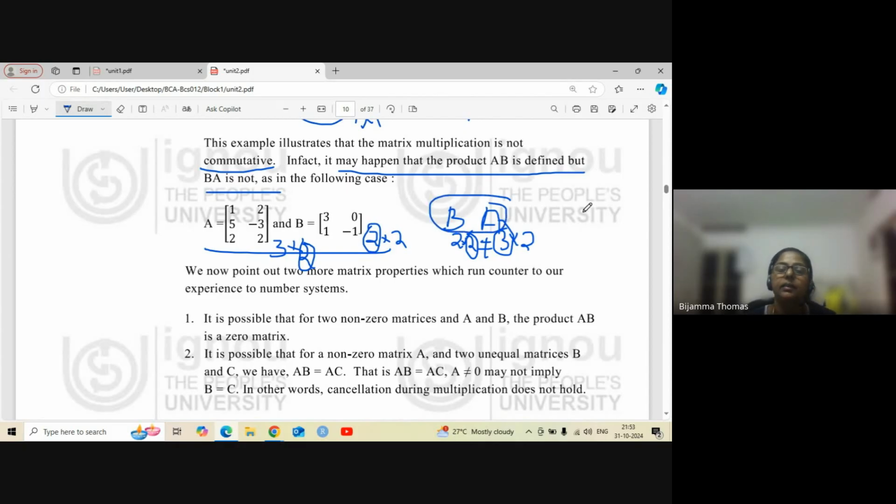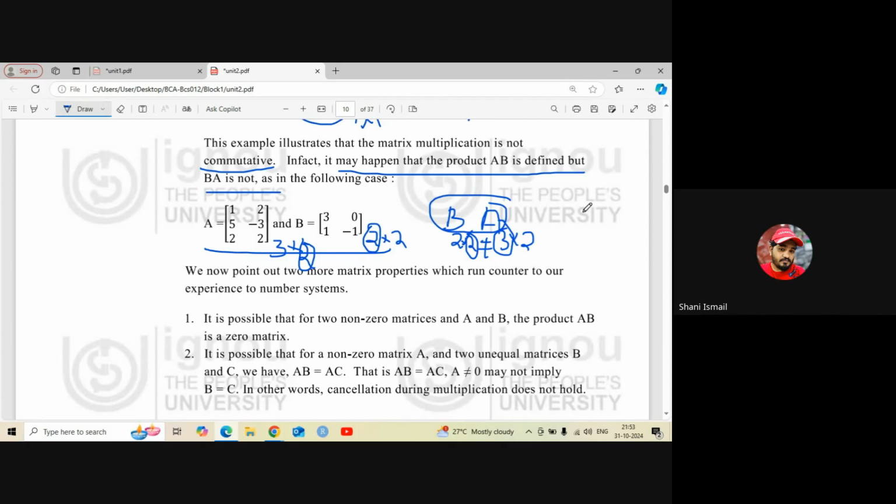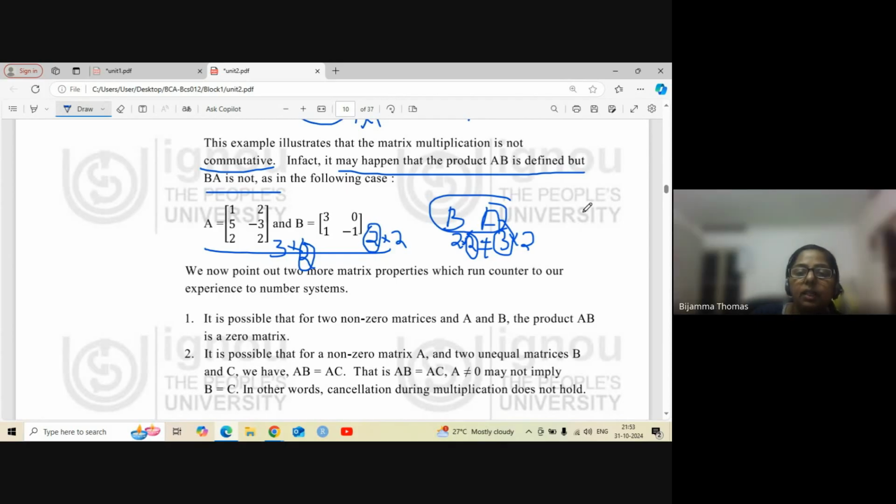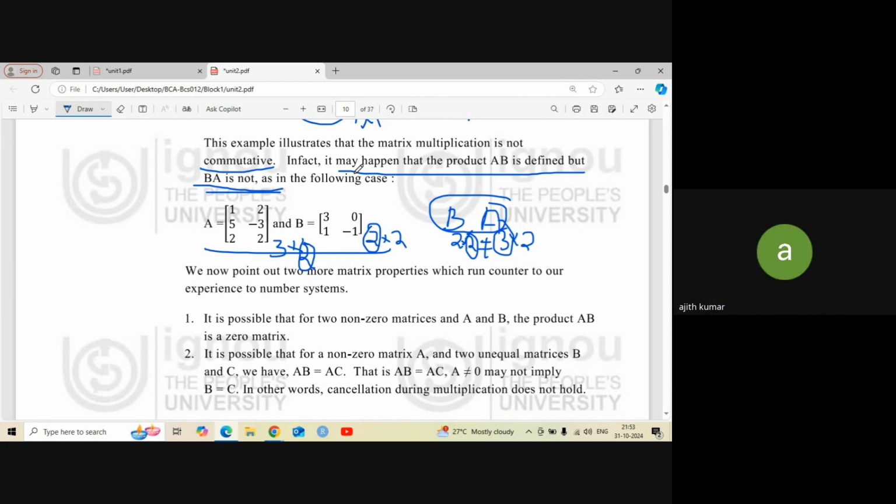Is it clear? So generally, when AB is possible, it is not guaranteed that BA is possible. And when AB and BA are both possible, we cannot say that AB equals BA. Both are different. Is it clear?